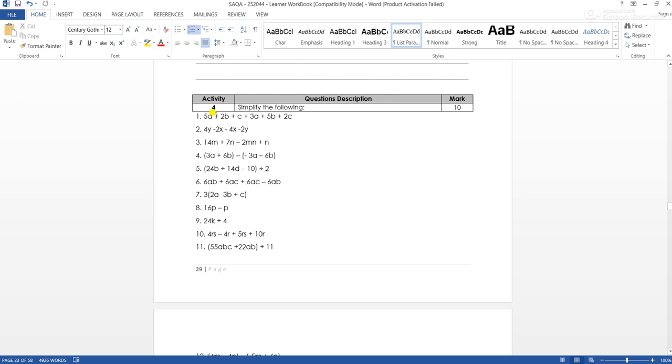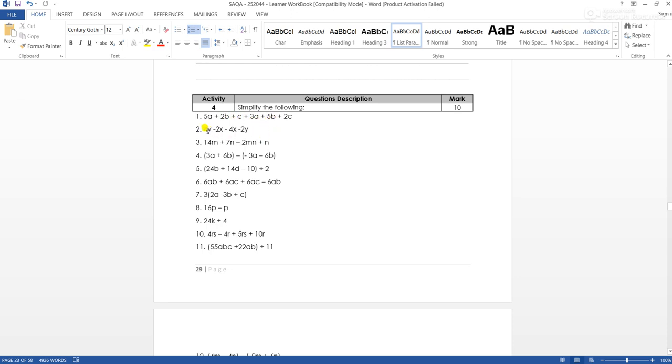You can even see in this instance we don't have our exponent. So in this instance our bases are the same. We've got 5a and 3a. We can add these two. The same thing applies to 2b and 5b and c also. So you can add this.